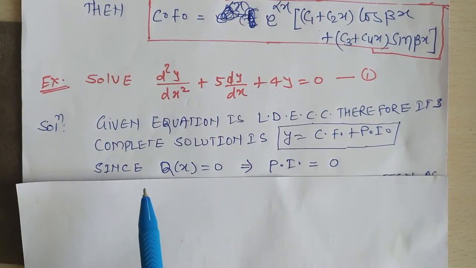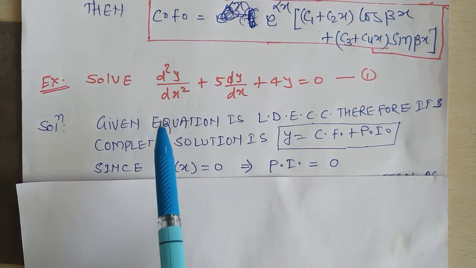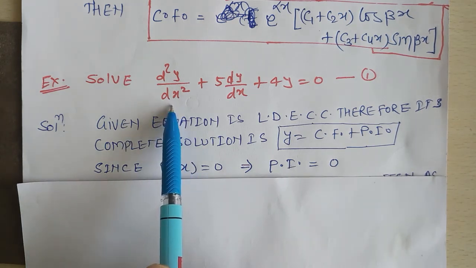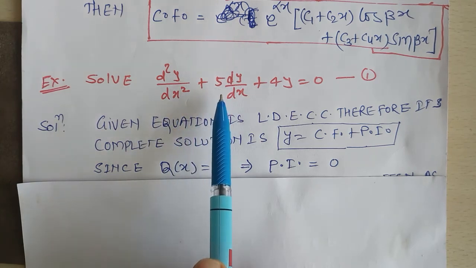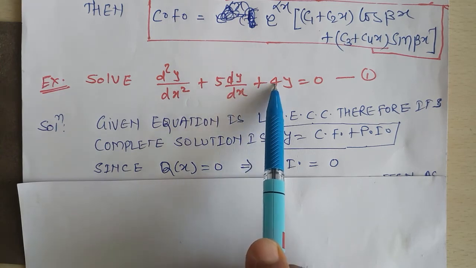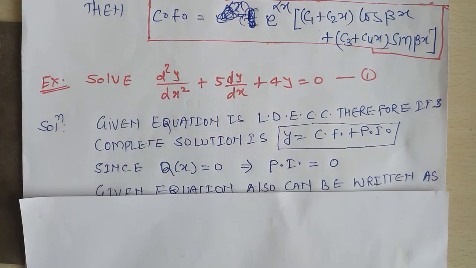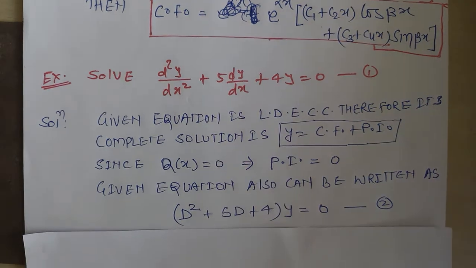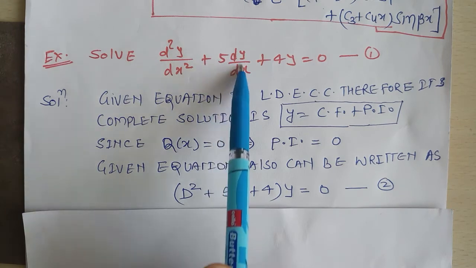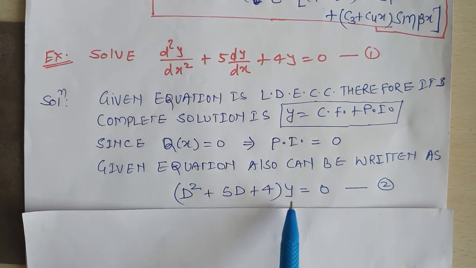Now we write the given differential equation in the symbolic derivative operator D. In place of d2y by dx2 we write capital D square y plus 5, in place of dy by dx we write capital Dy plus 4y, and then we take y common, so the given equation becomes (D square plus 5D plus 4) y equal to 0.